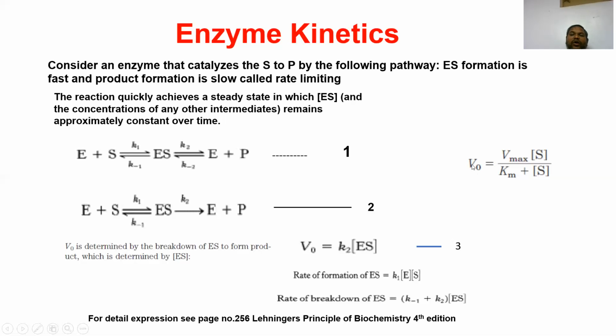Finally, you have to find V0. Once you do the algebraic expression, you will get V0. For the details of the expression, you can see page number 256 of Lehninger Principles of Biochemistry, 4th edition.